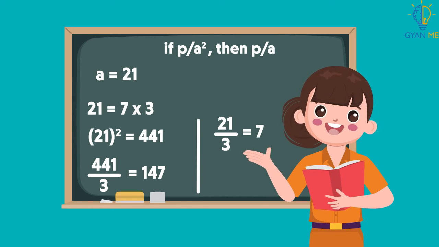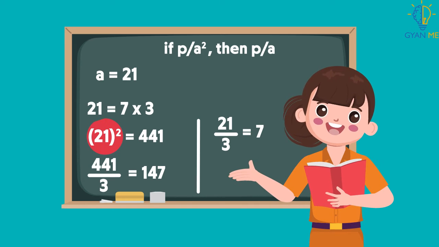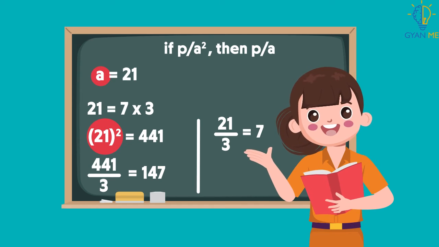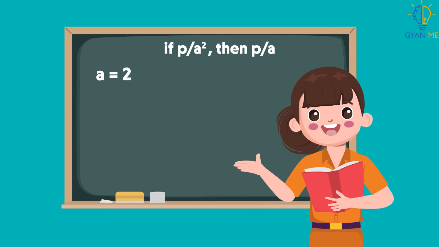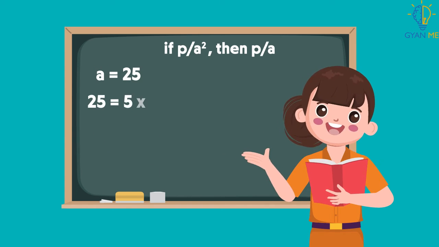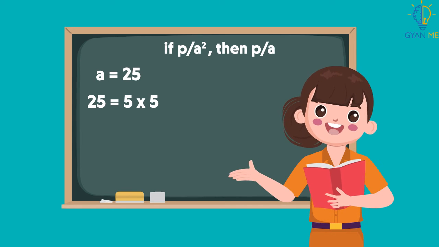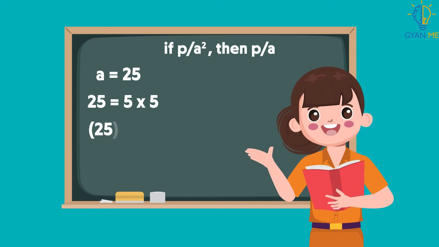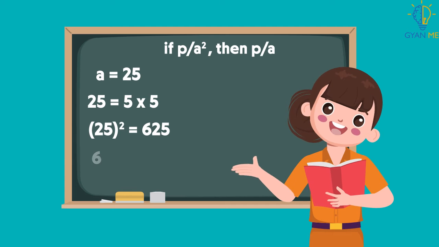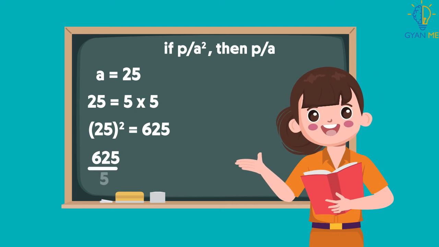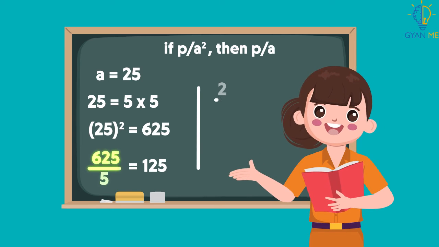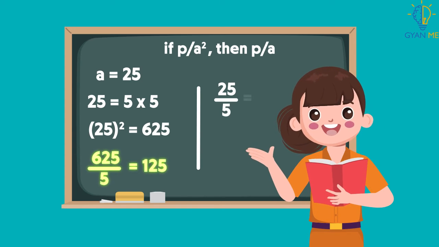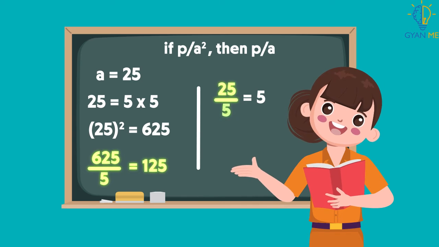We see that 3 divides both a square and a in this case. Now try this with number 25 by yourself. What do you observe? You will find that both 25 and its square 625 are divisible by 5. Thus we can say that if any prime number divides the square of a number, then it will divide the number also.